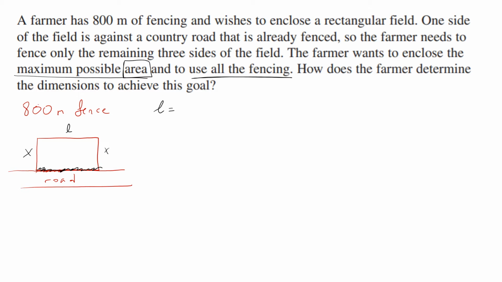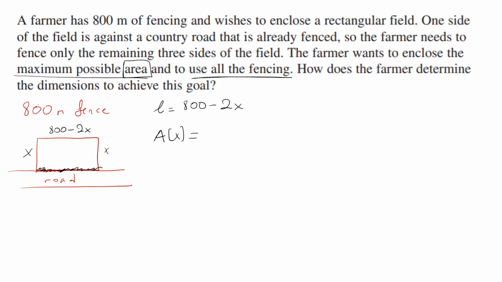Whatever is left for this length is going to be 800, the total fence, minus 2x used, because that 2x represents how much fence I use for these two widths. Whatever is left will represent your length.